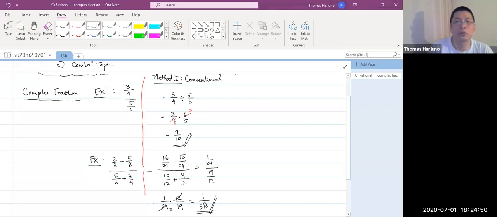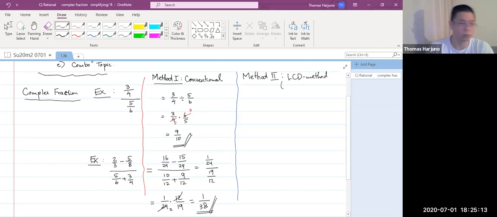Now, let me show you the second method, which I suggest you use because it's faster. And since you are already in Precalculus, you should be able to do it faster. I call this the LCD method.